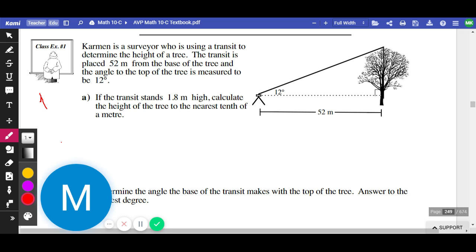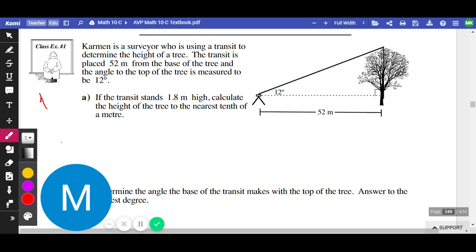Okay. So when I read this, it says Carmen is a surveyor who is using a transit to determine the height of a tree. A transit is just like one of these little stand things. The transit is placed 52 meters from the base of the tree. You can see that they have drawn a line here, 52 meters from the base of the tree. And the angle to the top of the tree is measured at 12 degrees.